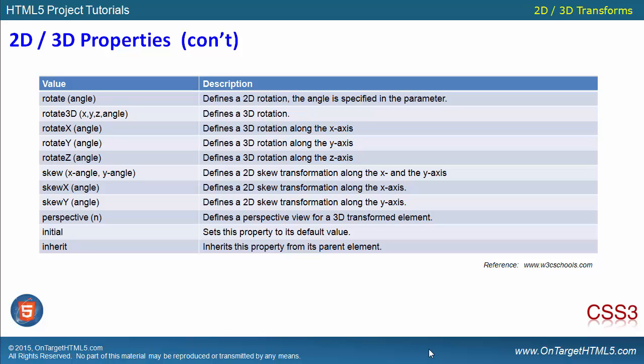Then we have skew with X and Y angles, then skewX and skewY. We have perspective, initial, and inherit. Whenever you see anything with the Z, you know we're getting into 3D space, because that's our Z axis, which gives us our dimension for depth in our 3D space. So a lot of cool things going on.